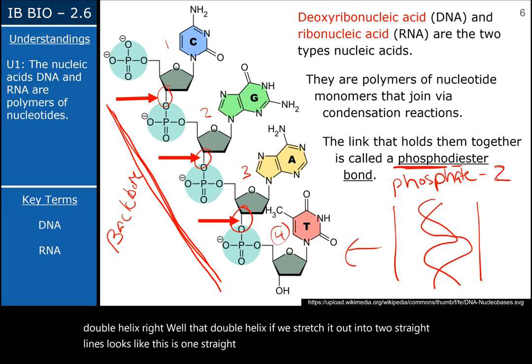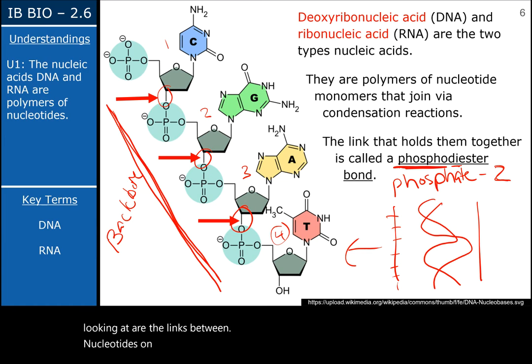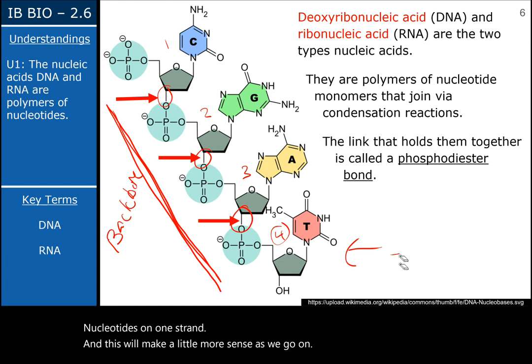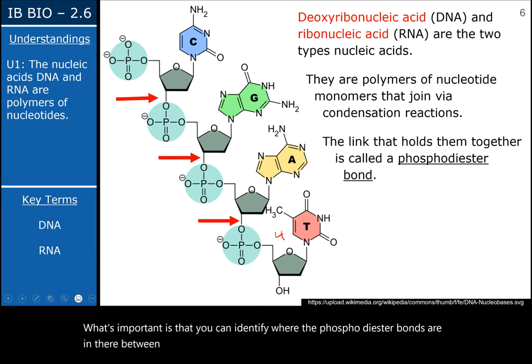So the phosphodiester bonds that we're looking at are the links between nucleotides on one strand. And this will make a little more sense as we go on. What's important is that you can identify where the phosphodiester bonds are, and they're between the ribose and the phosphates of nucleotides on the same strand.